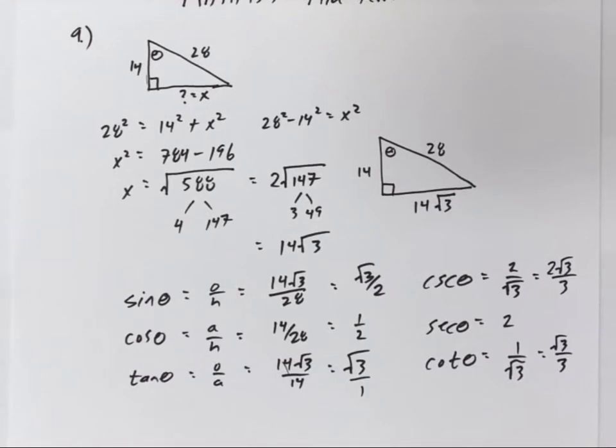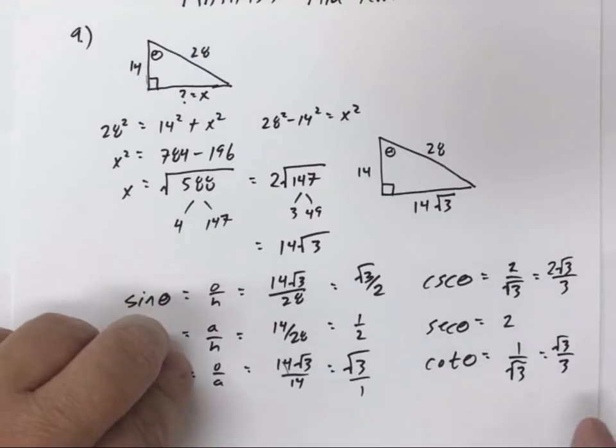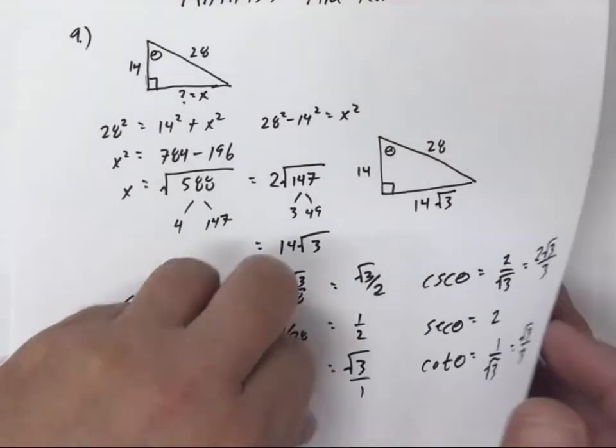All right, let's go to number 10. So number 10 says use definitions or identities to find the exact value of each of the remaining 5 trigonometric functions of the acute angle theta.